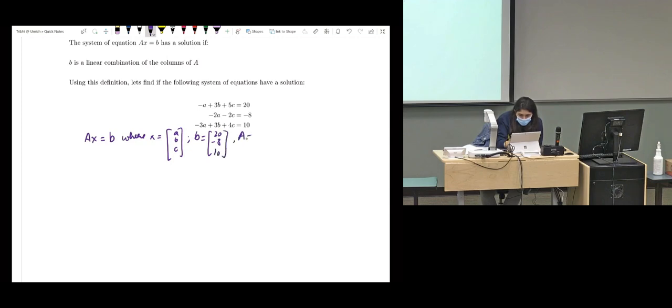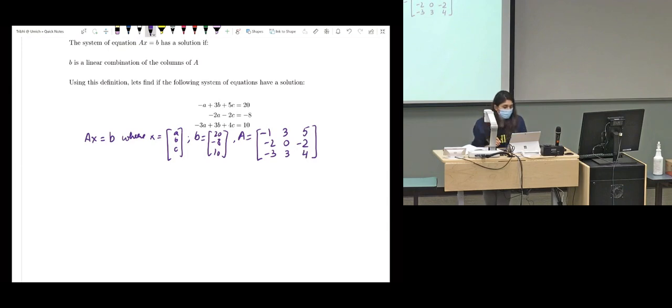And then our A will become minus 1, 3, 5, minus 2, 0, minus 2, minus 3, 3, 4.